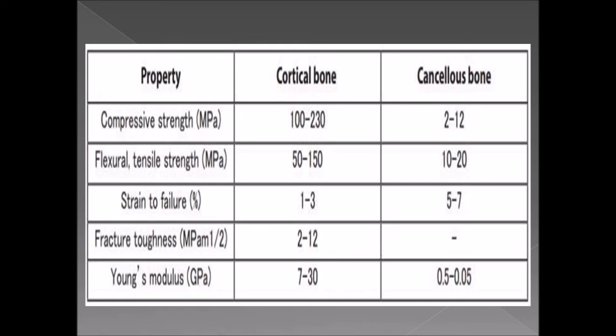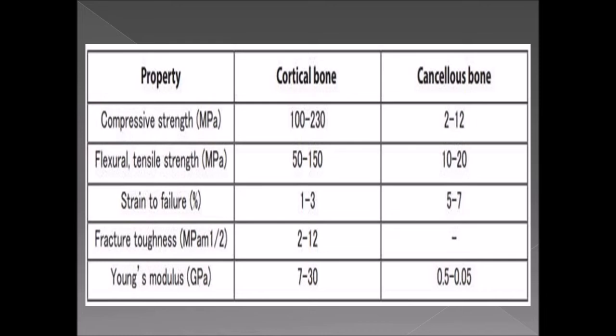When we apply compressive forces, the trabeculae arrange themselves very strongly, that's why we have more compressive strength. While when we apply tensile force, the strength is low because of less mineralization and less density of the bone in that direction.